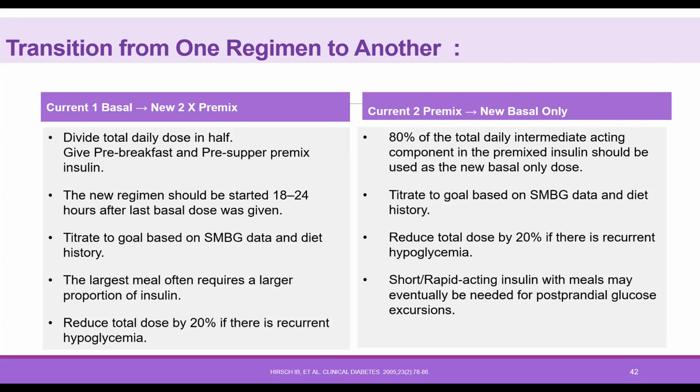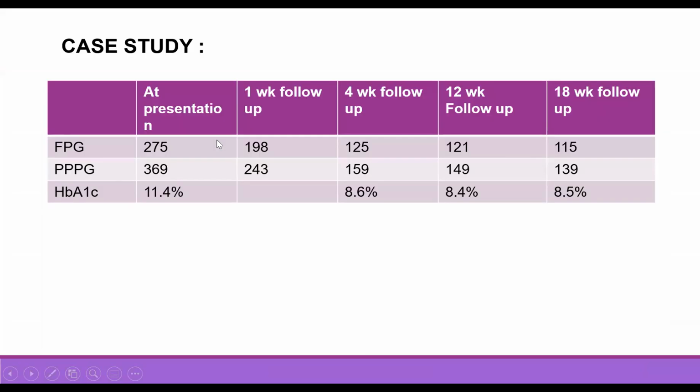Sometimes the largest meal requires a larger proportion of insulin, and if the patient has hypoglycemia, reduce the dose. So this is how we go from basal to premixed insulin.